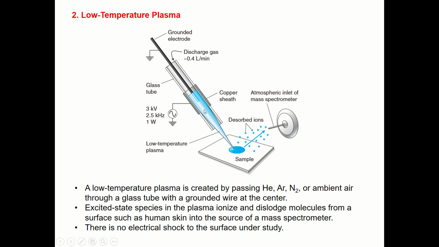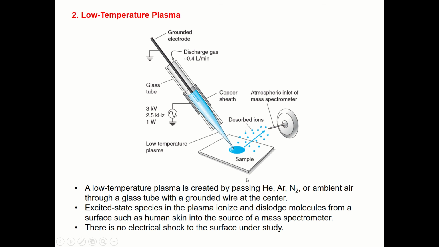Inside here a low temperature plasma is formed, and then this low temperature plasma is applied to the sample, and from the sample surface some ions are dislodged. Now these ions go to the atmospheric inlet of a mass spectrometer.